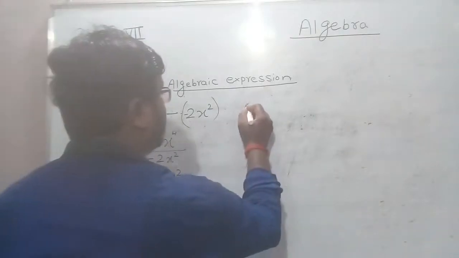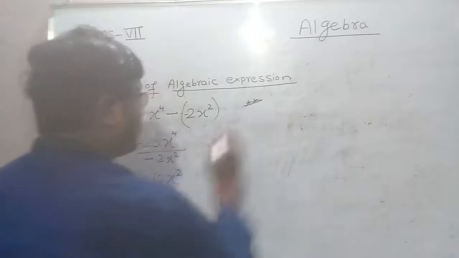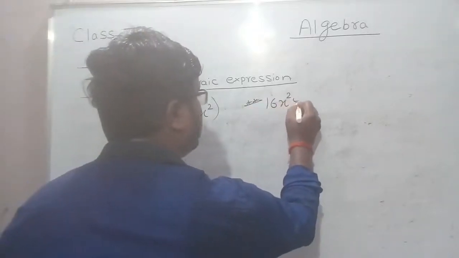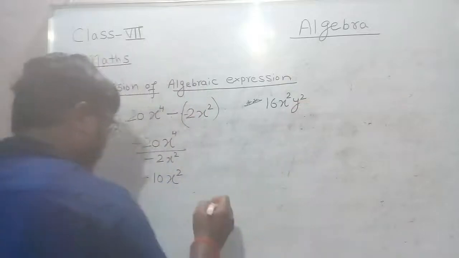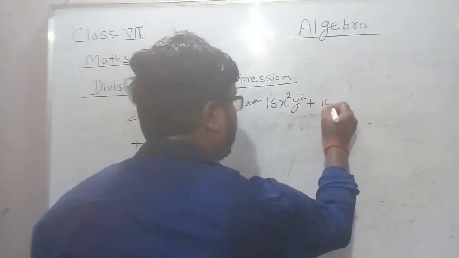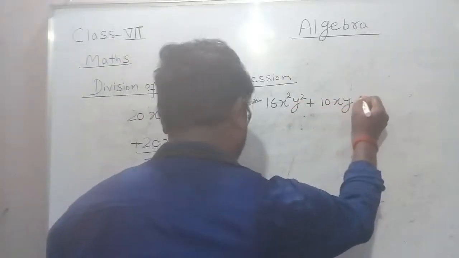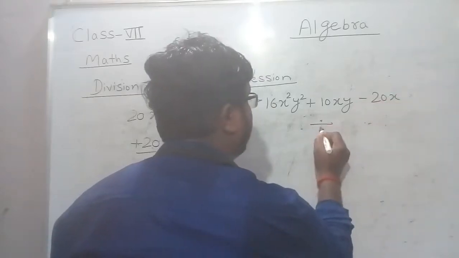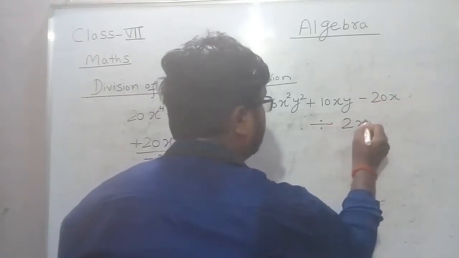Now let's see one more example. Suppose 16x square y square plus 10xy minus 20x is divided by 2x.